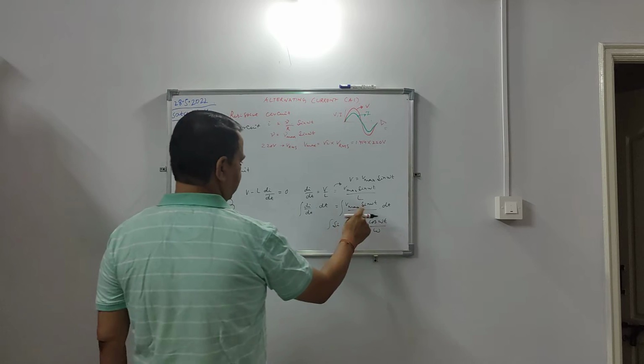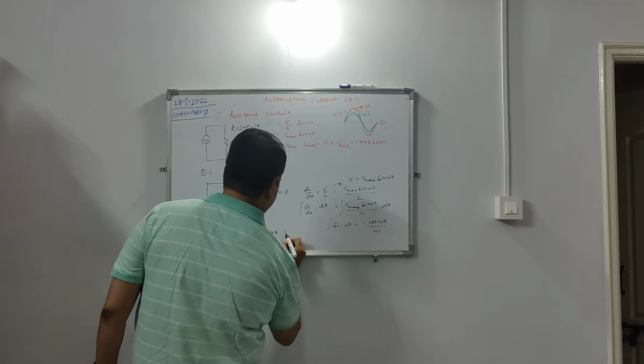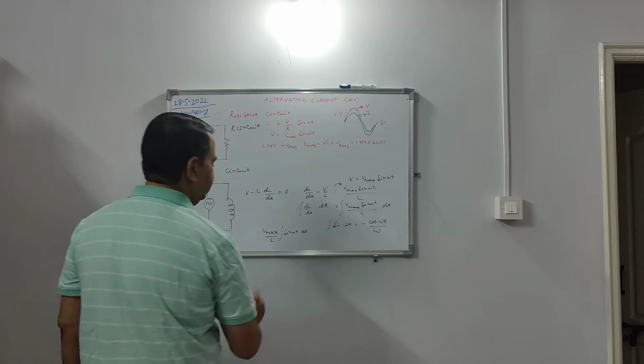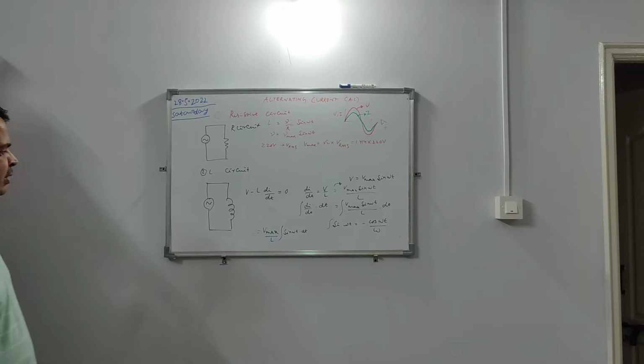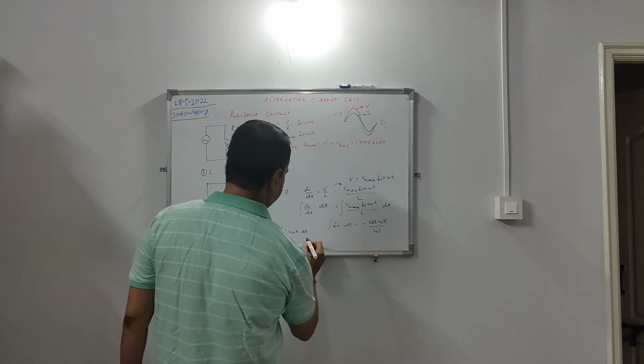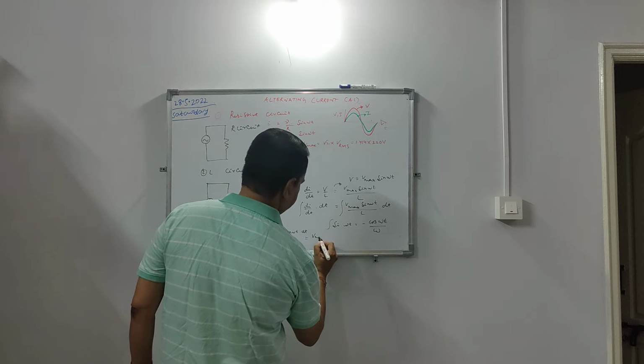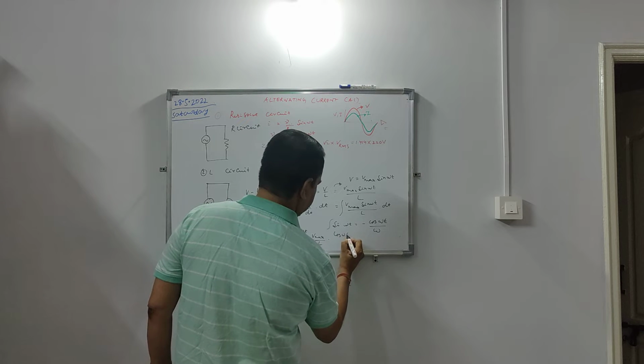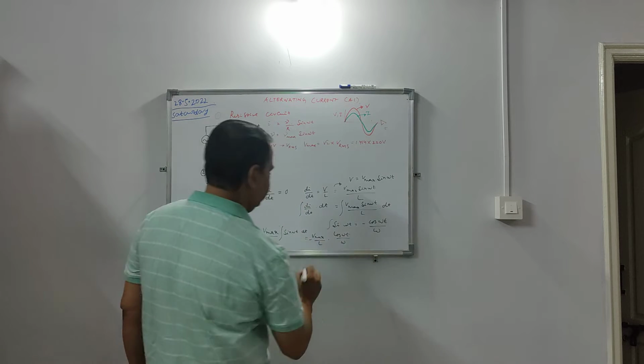Then my sin omega t dt integration becomes V max by L into minus cos omega t by omega.